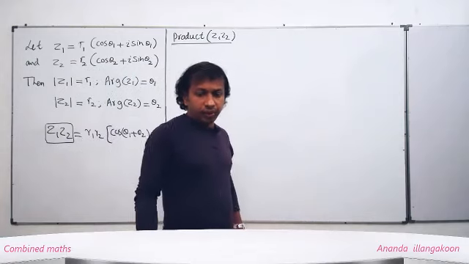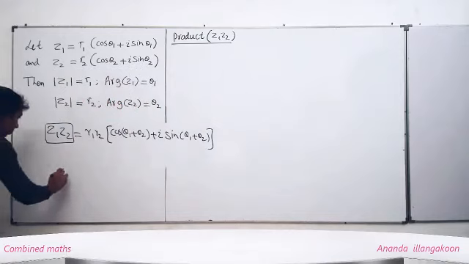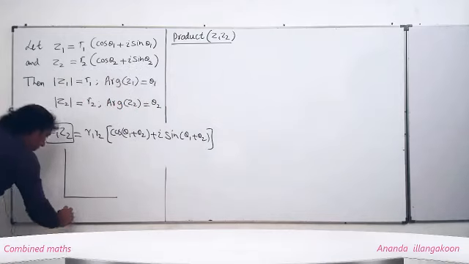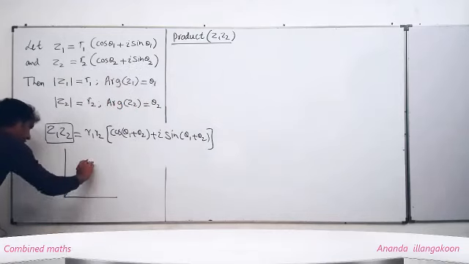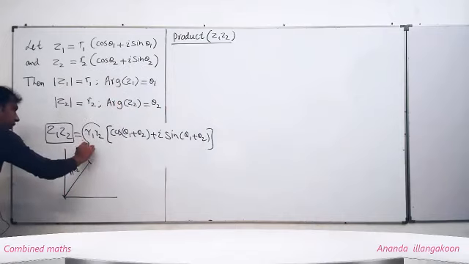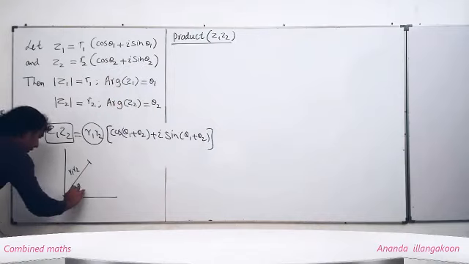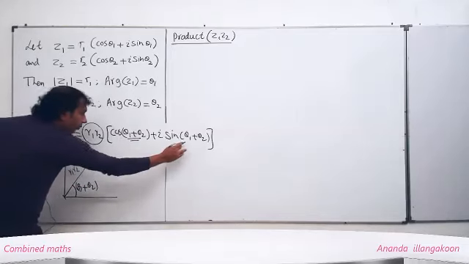If we can find such a line segment, then that is the required line segment which represents the product Z1, Z2. I think you can understand. So what I'm trying to tell you is, I should find a line segment whose length is R1, R2, because the modulus of Z1, Z2 is the R1, R2 product, and this angle should be theta 1 plus theta 2, because the argument is theta 1 plus theta 2.